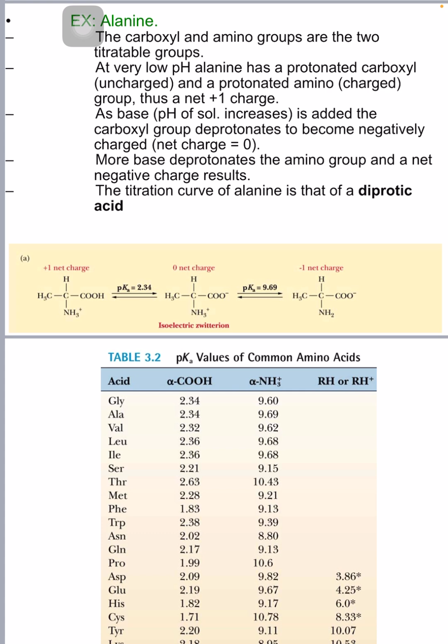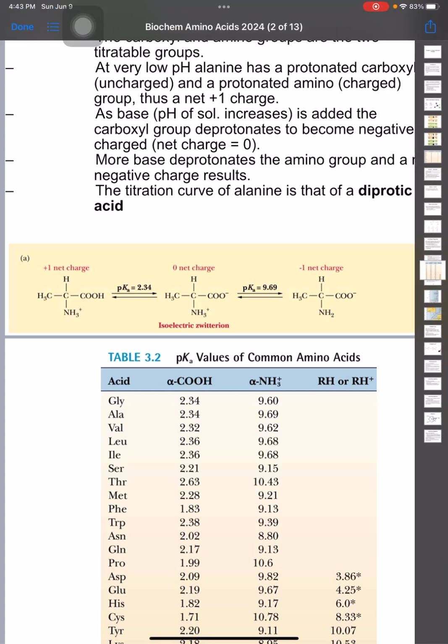It's going to be in its -1 form, but the solution's not going to be basic enough to deprotonate your nitrogen. So it remains in the NH3+ form, right? So when you have a pH in that range between the two pKa's, overall, your molecule tends to be neutral. It tends to be a Zwitterion. And you see the term isoelectric. I'll talk more about that in just a minute.